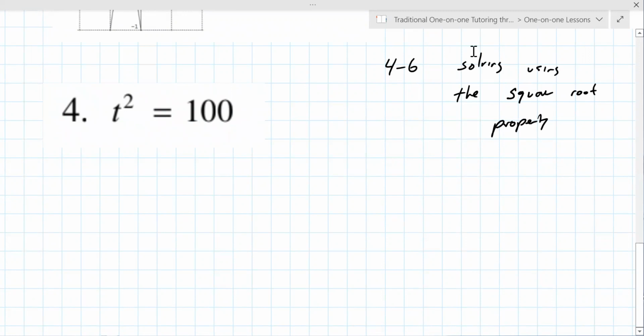Okay, and you've probably done this in class. You're going to take the square root of both sides of the equation, but you have to remember to write plus or minus on the non-variable side. So there's always 2 solutions.